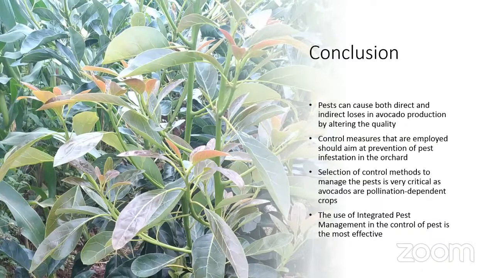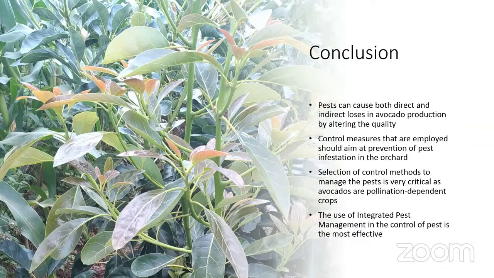in your orchard. Number three, selection of control methods to manage the pests is very, very critical, as avocados are pollination dependent crops. As you select methods, you have to bear in mind that you also need some insects which are beneficial.